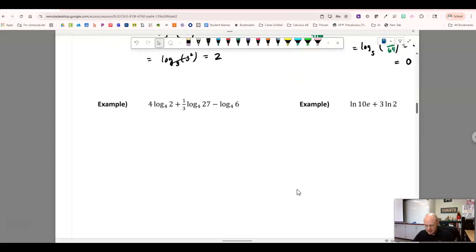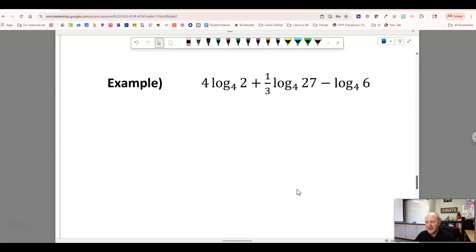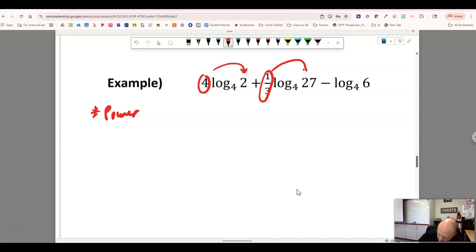All right, let's look at an example where we have 3 terms. Oh my gosh, what do I do? Well, let's start out with the power property first. I'm going to take these powers, move them up, and then clean this up.